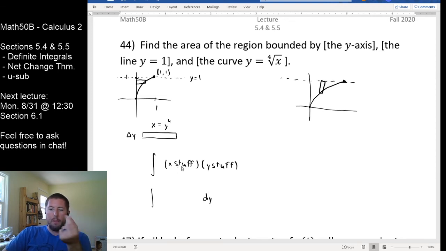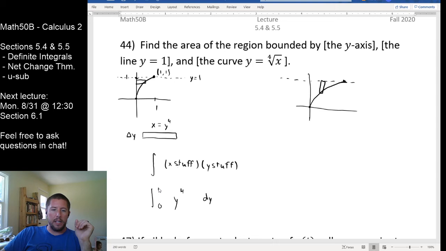I then need a representation for my width, but it's really helpful for me to be in terms of y because we're doing an integral with respect to y. So this is my x information, but what is x in terms of y? It's y to the fourth. What bounds do we have for y? What values does y progress through in this entire graph? Y is going to go from its lowest point of 0 to its highest point of 1. So there's how I'm going to go ahead and set up that integral right there.